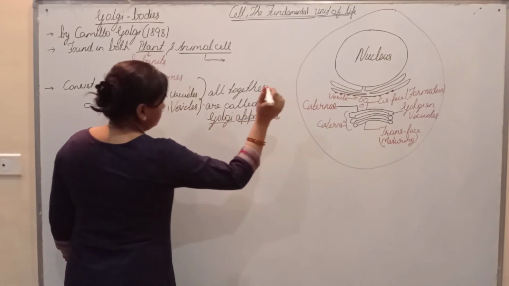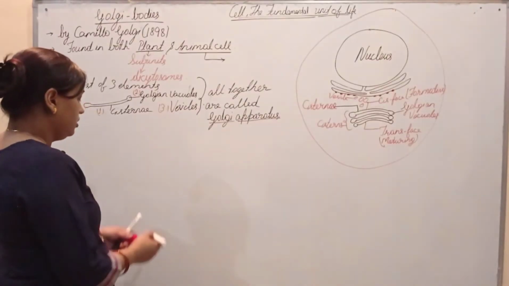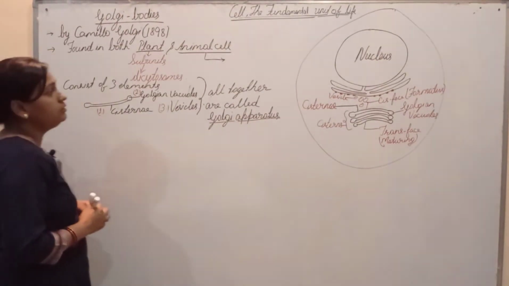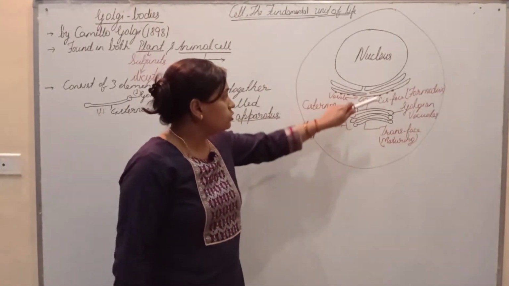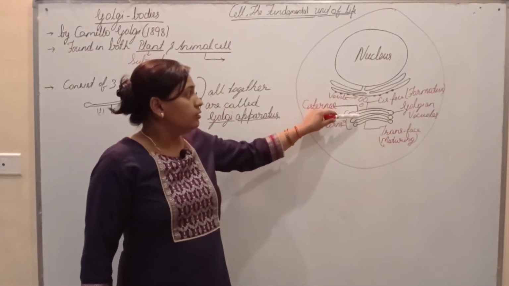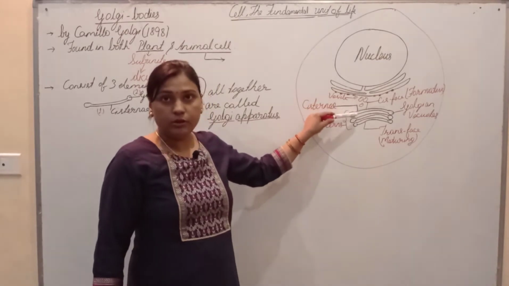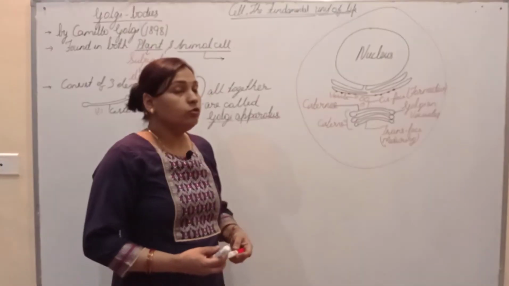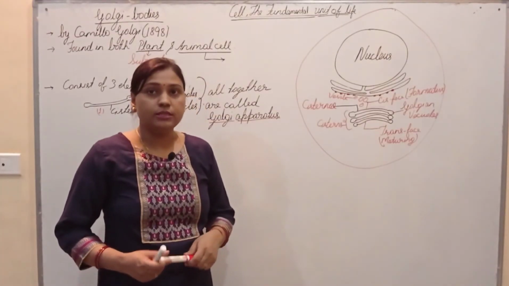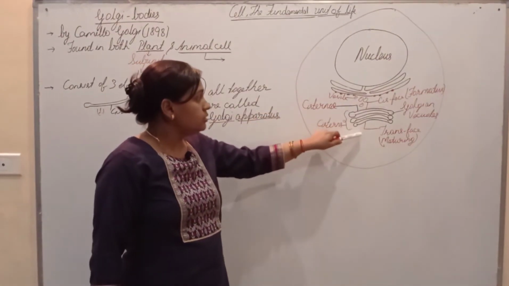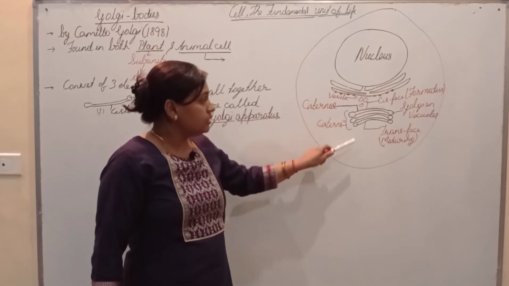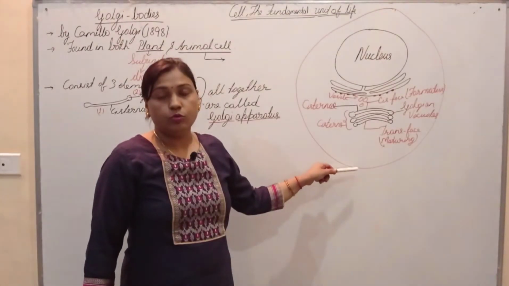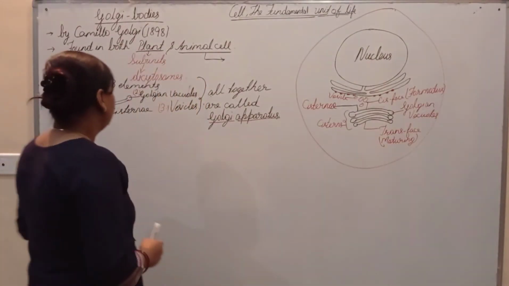Now we have seen the cis phase, or formative phase: the part of the Golgi body that faces towards the nucleus, the nuclear membrane, is called the cis phase, while the trans phase always faces towards the plasma membrane.